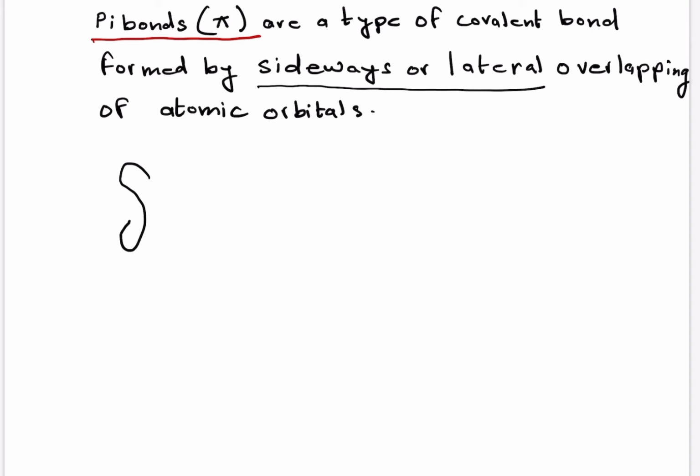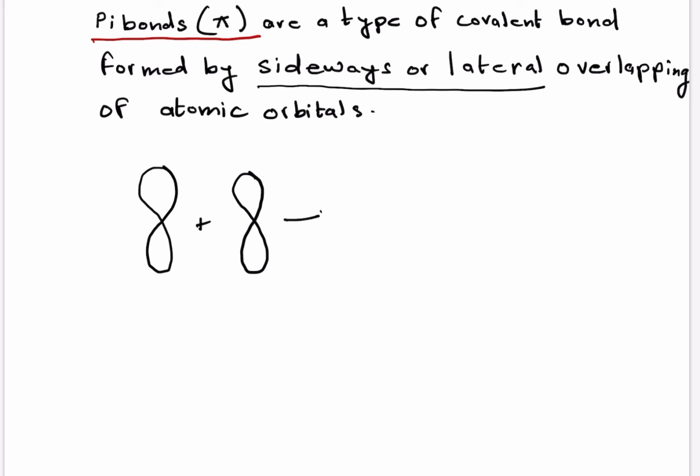This is one, plus the other one. This is another one, and then we can draw another figure showing the sideways or lateral overlap, and this is how you can show the density of electrons.